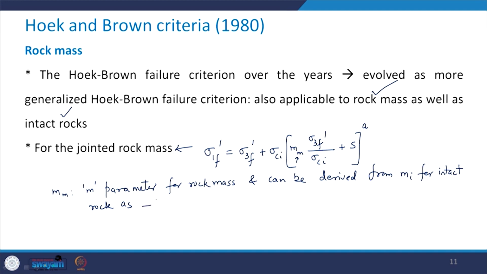How? m_b is written as mi exponential of (GSI minus 100) divided by (28 minus 14D).